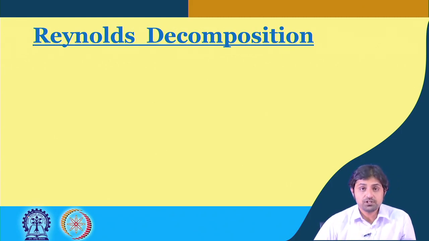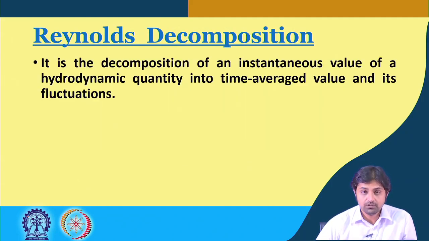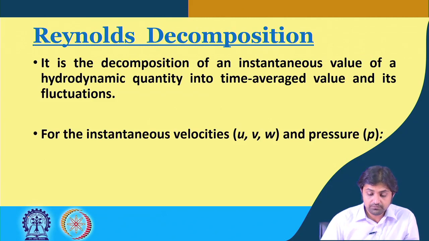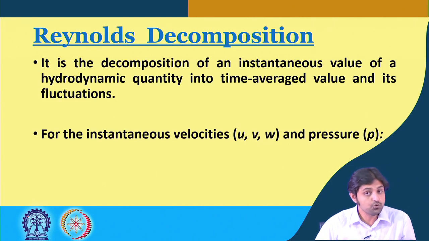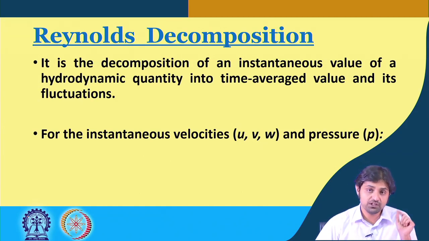One of the important components of turbulent flow is the Reynolds decomposition. What is that? It is the decomposition of an instantaneous value of a hydrodynamic quantity into a time averaged value and its fluctuation. If there is a velocity u at any instant, it can be broken up into two components: the average value plus whatever deviation it has from the average value, and those deviations are called fluctuations.